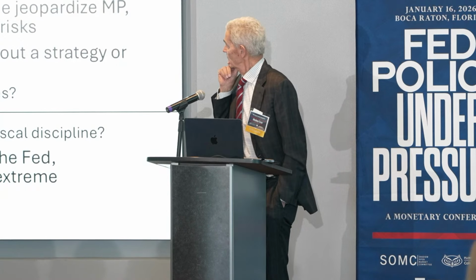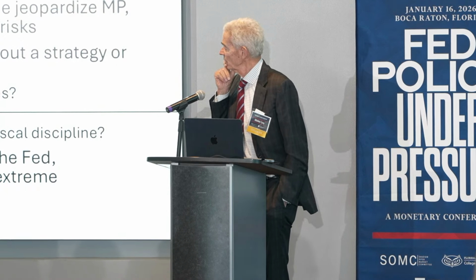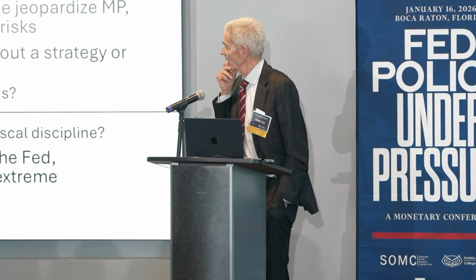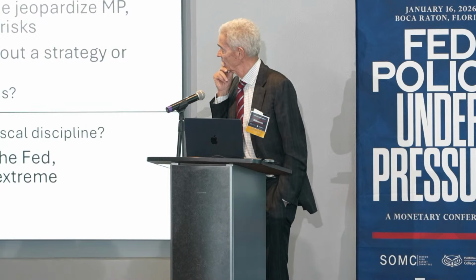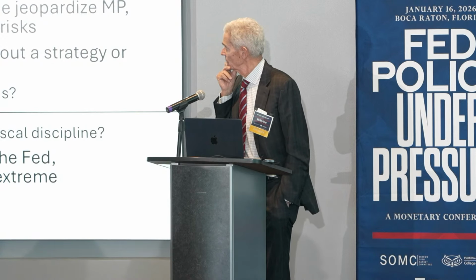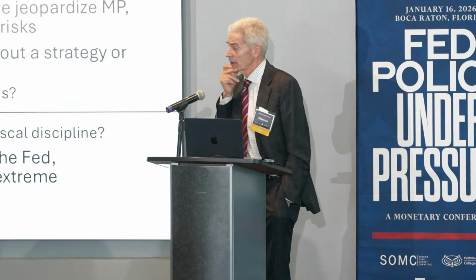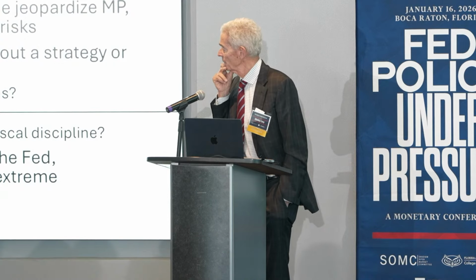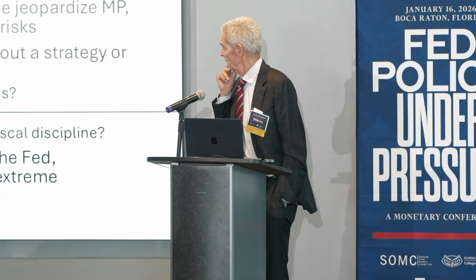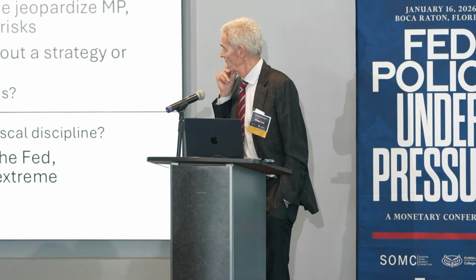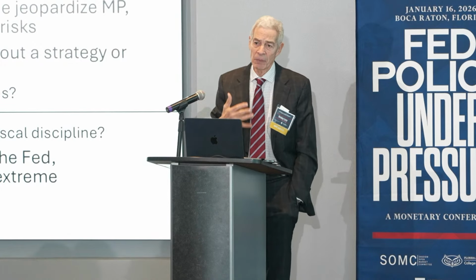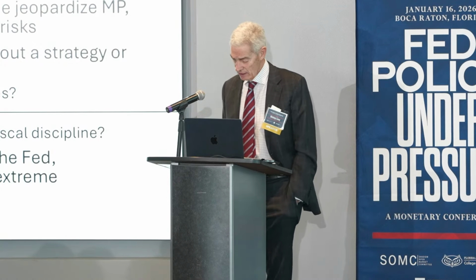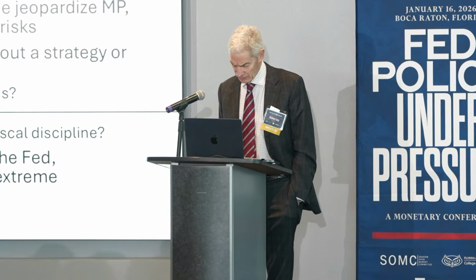And so, let's face it, fiscal policy and the budget process operate without a strategy and without any systematic discipline. So will markets continue to readily absorb bond issuance? Will debt service costs become overwhelming? Will the lack of a fiscal strategy undercut the presumption or expectations of fiscal discipline? And we've had presidents in the past put pressure on the Fed, and President Trump is upping the ante on that.